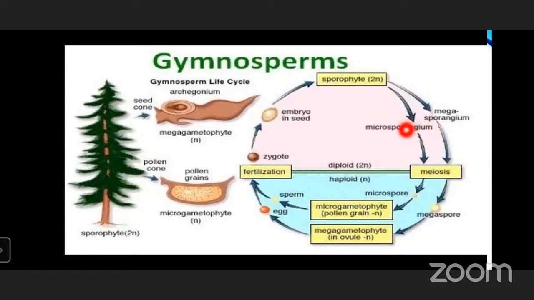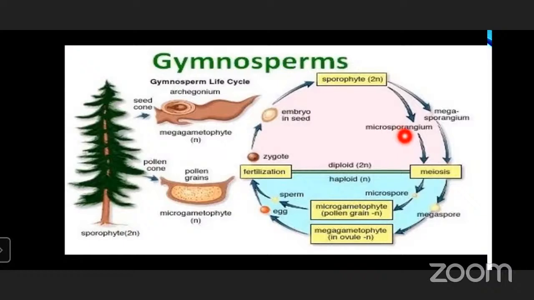So microsporophylls aggregate to form the male cone. That male cone consists of microsporangium. Megasporophylls aggregate to form the female cone. That female cone consists of megasporangium, and inside the megasporangium, megaspore mother cells are there. These megaspore mother cells divide meiotically and form megaspores.